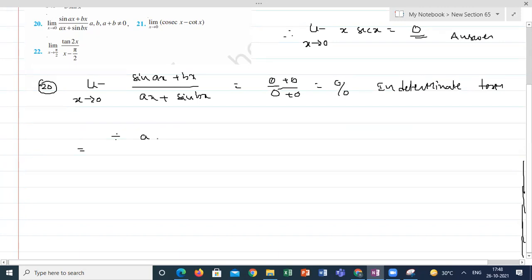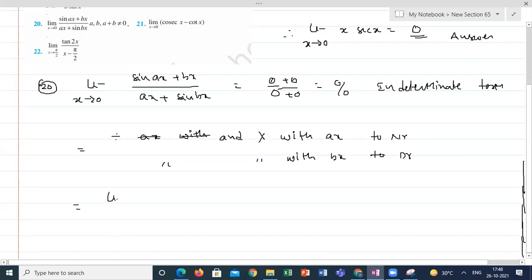Sir, ax, sir. In the numerator with ax, so that sin ax by ax gets cancelled, and in the denominator, we can do it with bx. Divide and multiply with ax in the numerator, same division and multiplication with bx in the denominator. This is what you are saying?